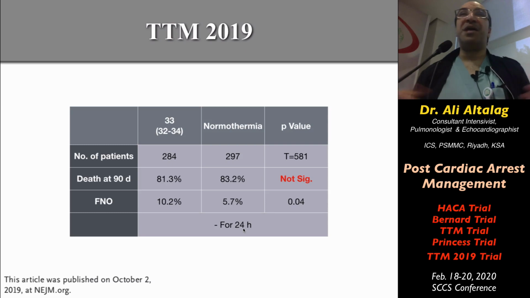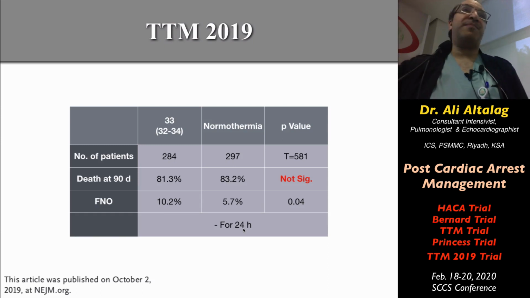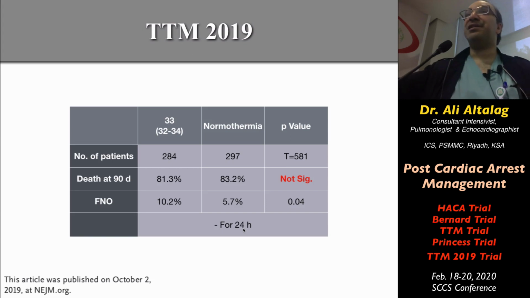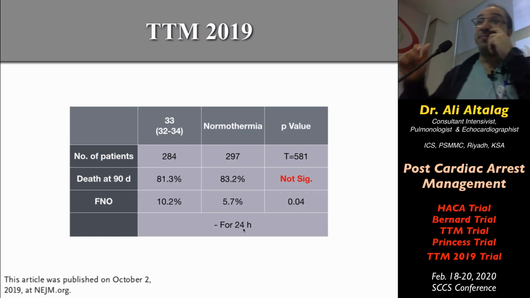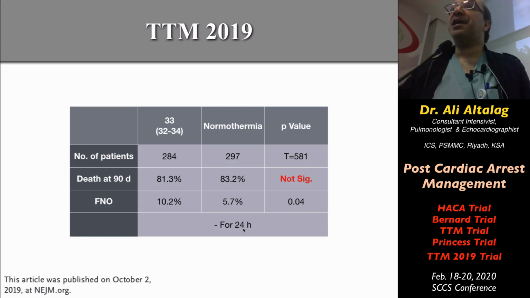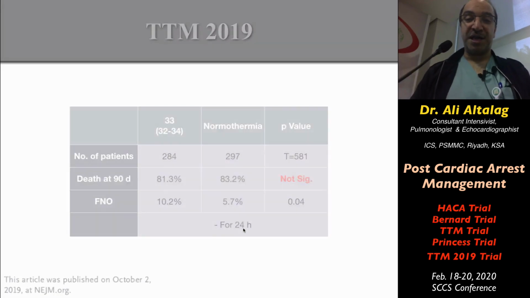So we thought that probably non-shockable rhythm will not benefit from hypothermia. Now, we knew that early hypothermia application and shockable rhythm from the PRINCESS trial is probably beneficial. Now we know for sure that patients who have non-shockable rhythm can have favorable neurological outcome as compared to the control.